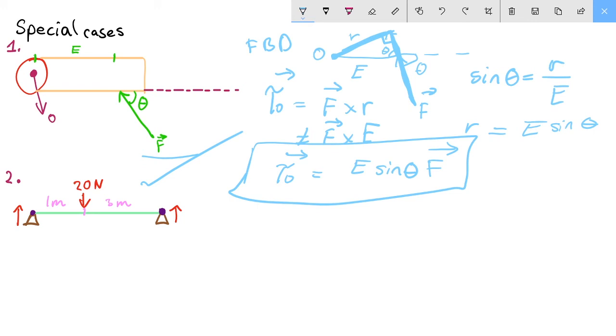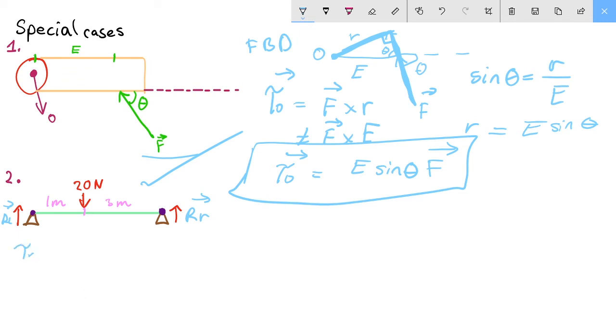There will be a force coming up like that, let's say a reaction force called R on the right, and a reaction force called R on the left, and then you have to calculate all of the torques for that. So the net torque will be RL times distance, RR times distance, and 20 times distance. It wouldn't just be 20.